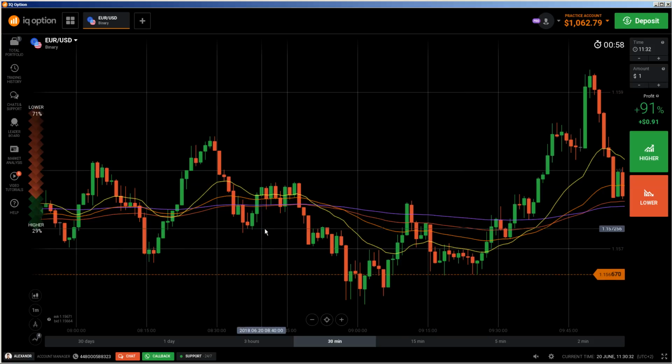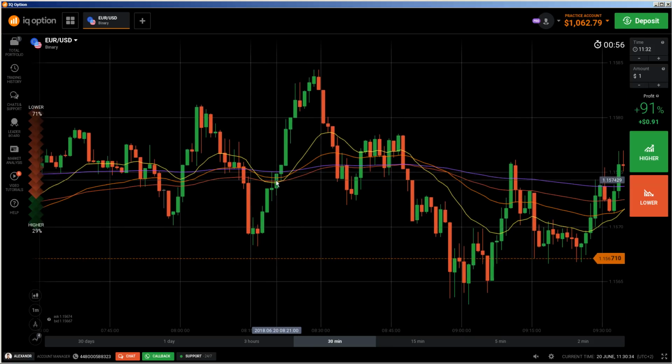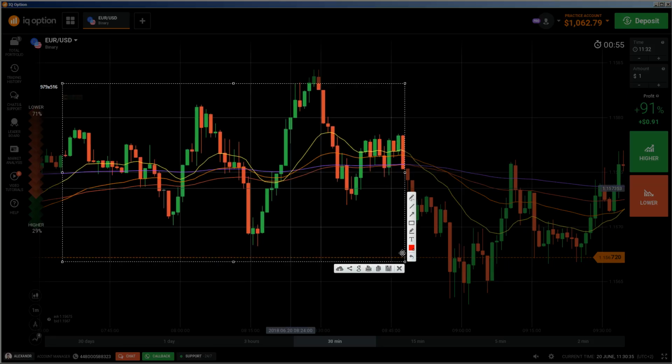If the 20 EMA is flat, like here for example, let me show you some flat ones. Here the EMA is flat, and what is happening? The S&R, the 20 EMA, is going to be broken easily. Here it's broken, easily, because the 20 EMA is flat.